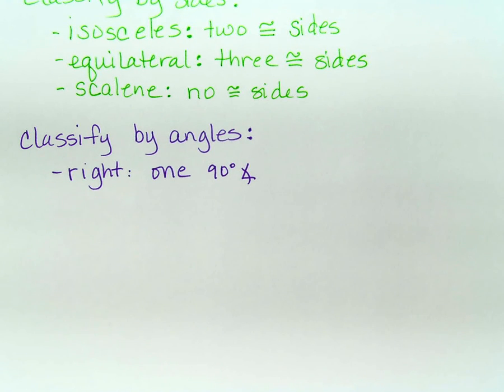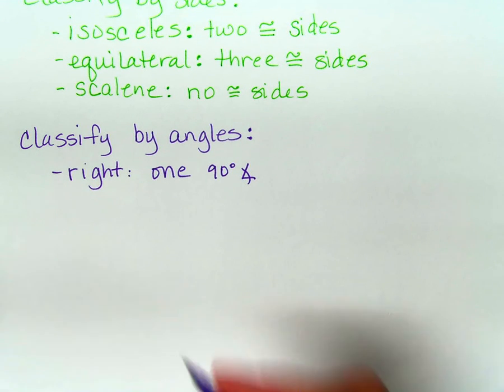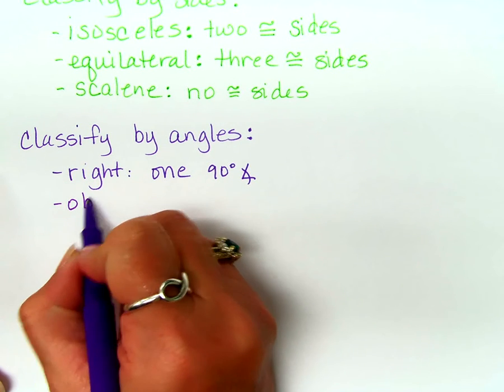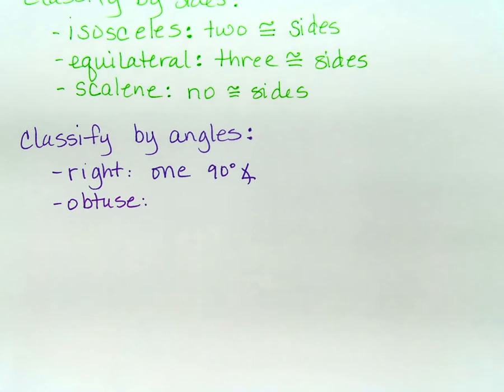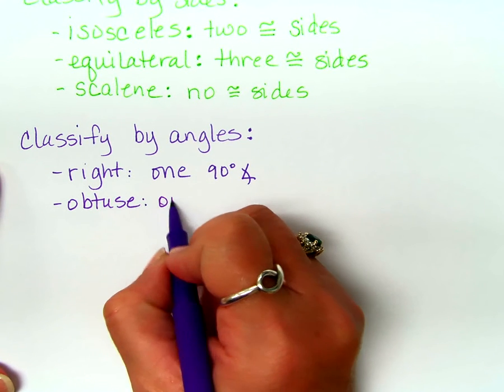Okay, good. What other kind of angles or triangles do you know? Obtuse. More than 90. One angle, right? One angle more than 90.